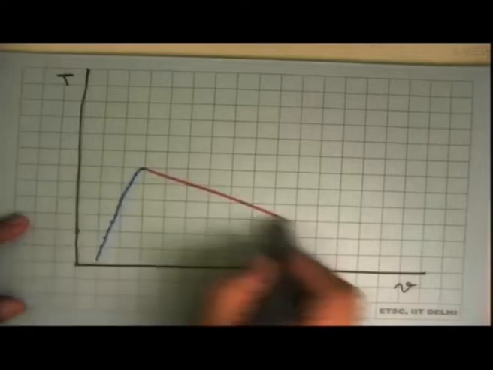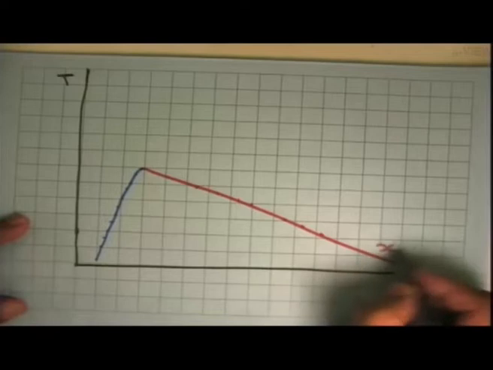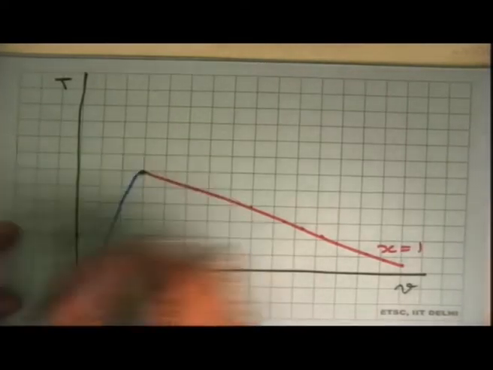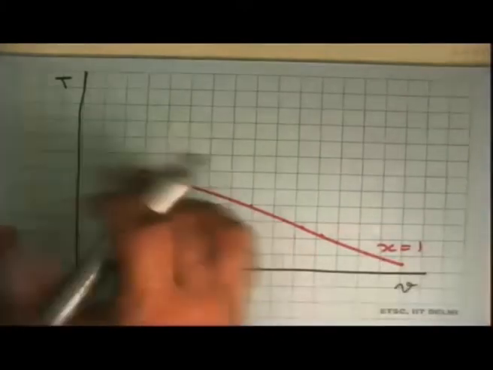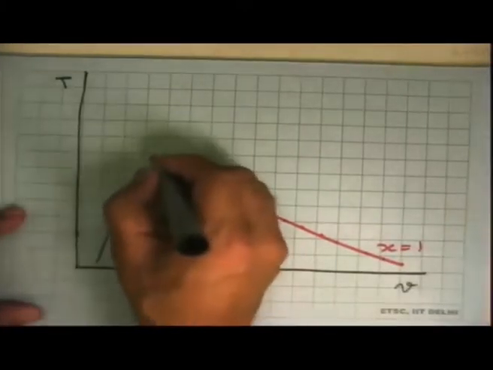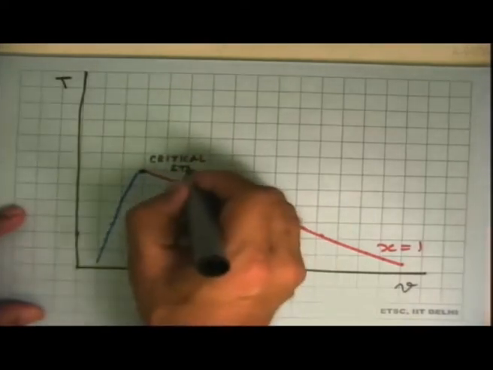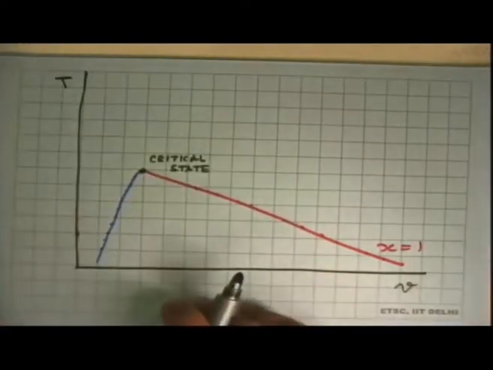And then we said that there is the other part of this line which goes there, where points on this represent dry saturated vapor. And we define one thing, which is this point here, as a point where the differentiation between vapor and liquid phase disappears, and all we are left with is one state. This is called the critical state. And all properties at the critical state for a given substance are unique. They are just listed out separately.